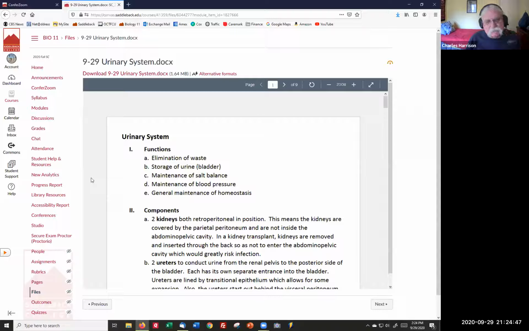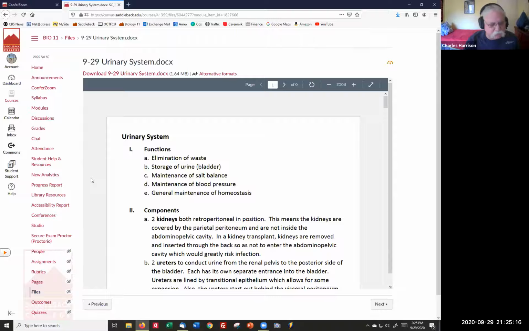Also, some of that waste has to be stored temporarily, so the storage of urine. And then salt balance. When you have salt balance, without having to say it, you have water balance as well. The maintenance of your blood pressure, very important for your kidneys. And general maintenance of homeostasis.